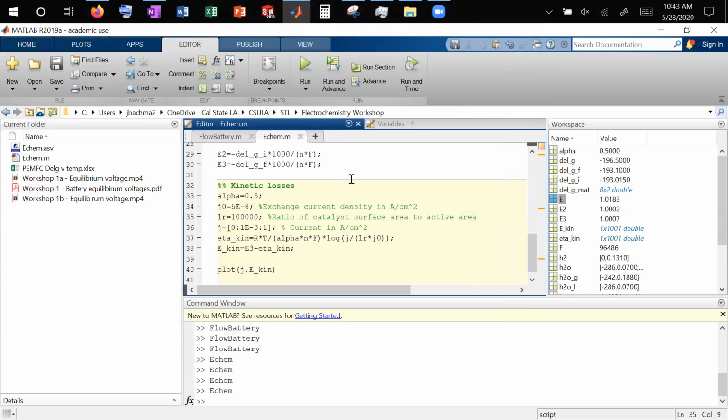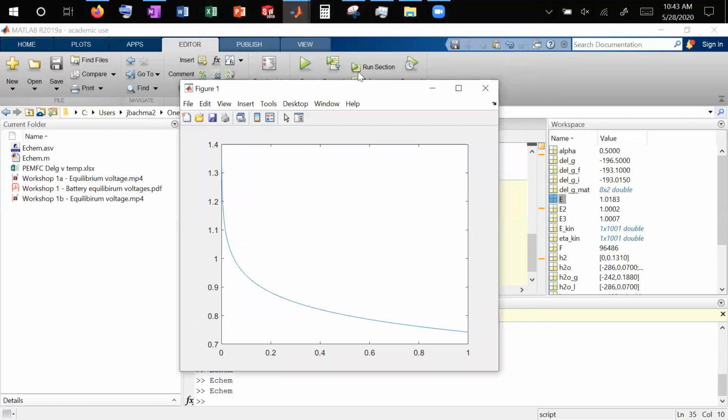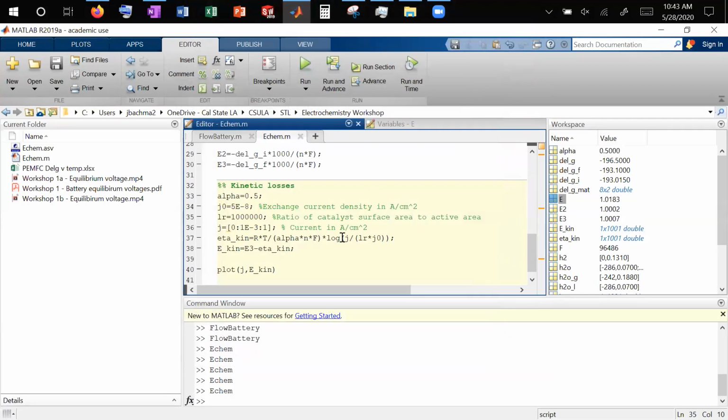You can see if you keep increasing the area, you can start to get some reasonable values, because here our 1.2, even at a small current, 0.2, will look like this.